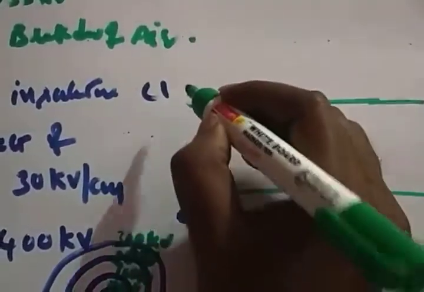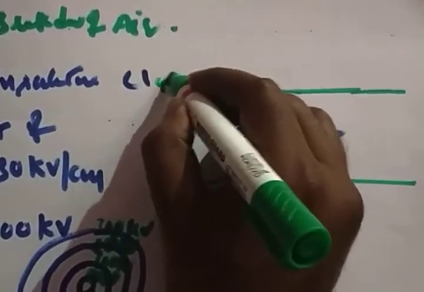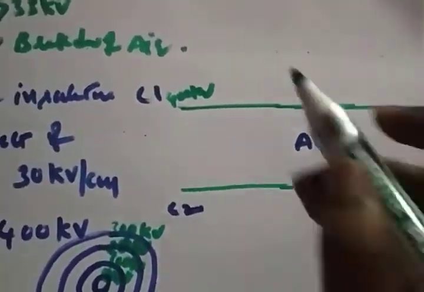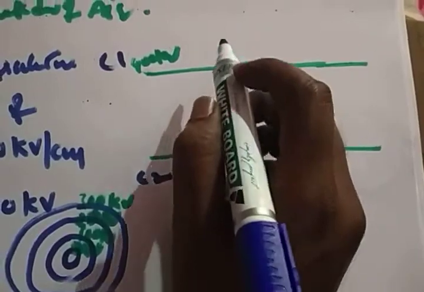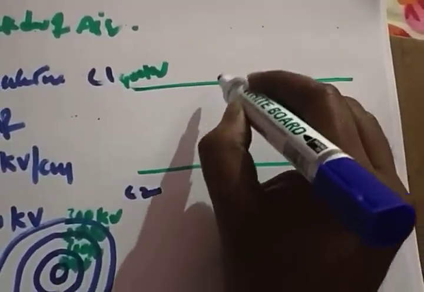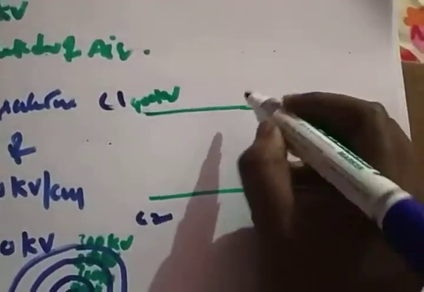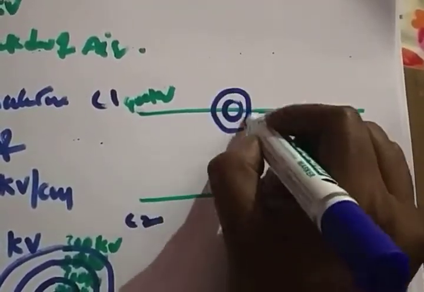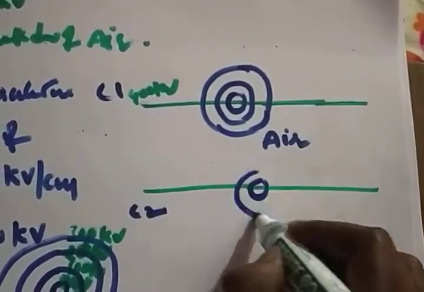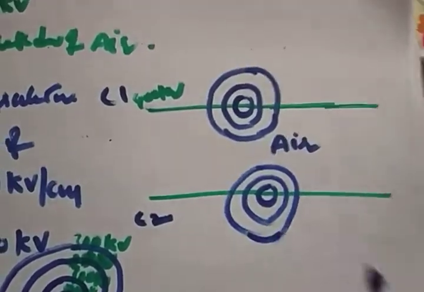Suppose it is a 400 kV transmission system. I am assuming that in every line greater than 33 kV you will get the concept of corona, right? Now a 400 kV line is passing, so definitely a potential gradient will develop, here also, right?